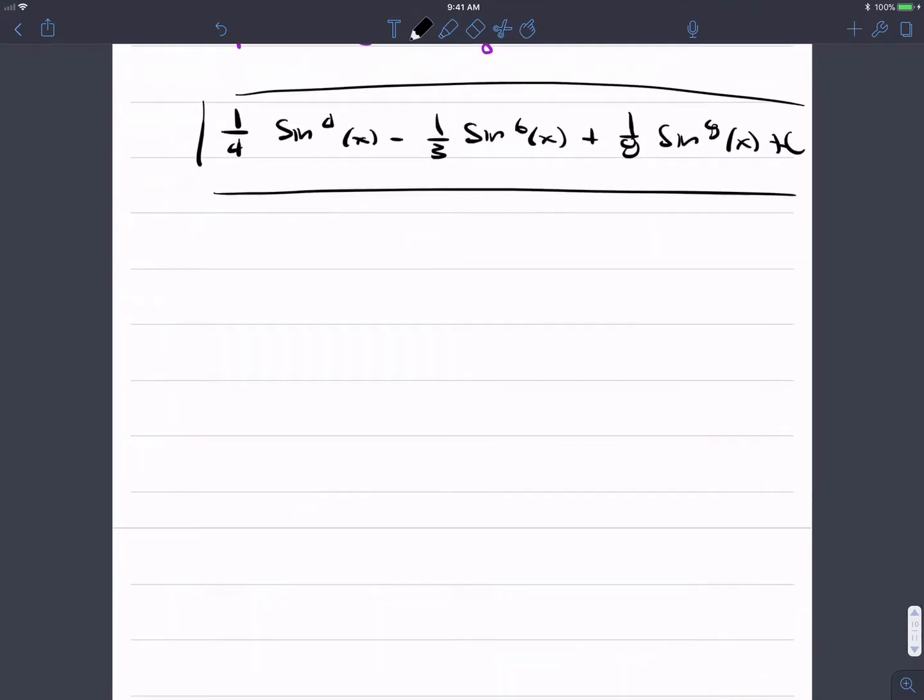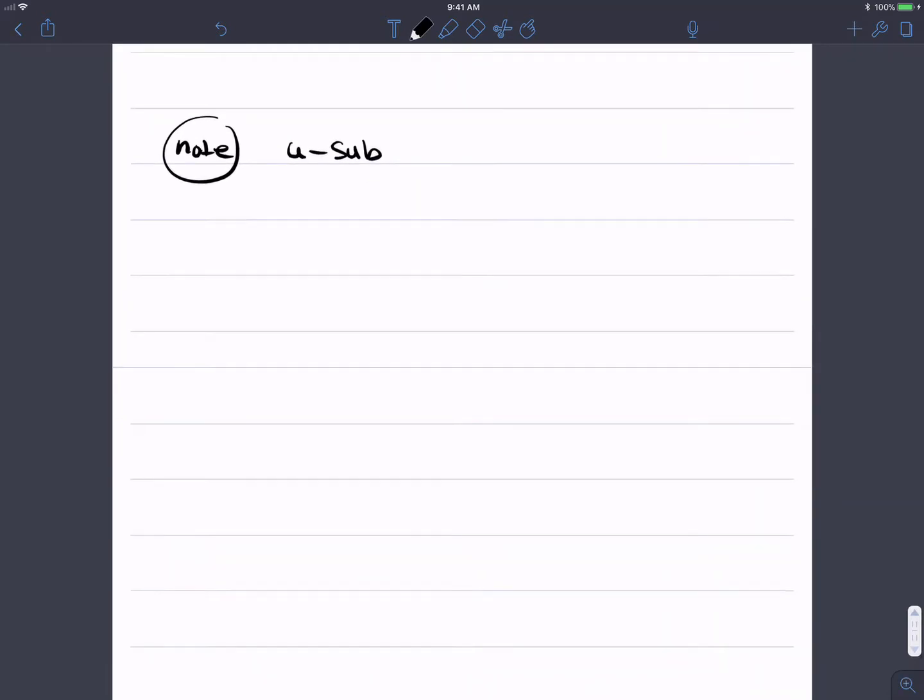Now, I do want to note a couple of problems. I do want to note some u-sub problems. For example, if we start off with one of them, maybe let's say we had sine cubed of 2x dx.